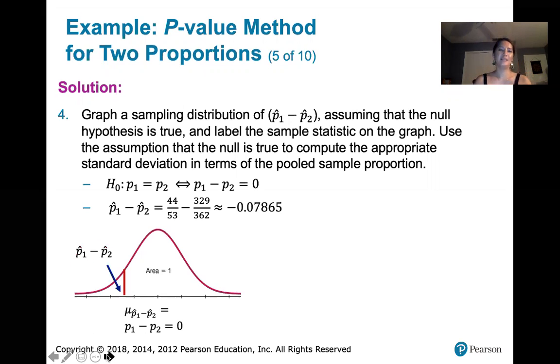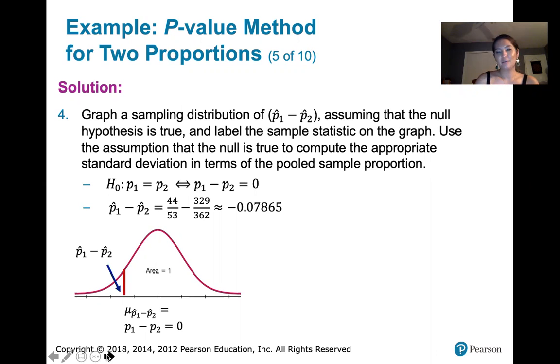So this is our sampling distribution, or a distribution of P1 hat minus P2 hat. And we know that the mean of this distribution of P1 hat minus P2 hat is equal to the true population proportion P1 minus the true population proportion P2. That's a very nice property.